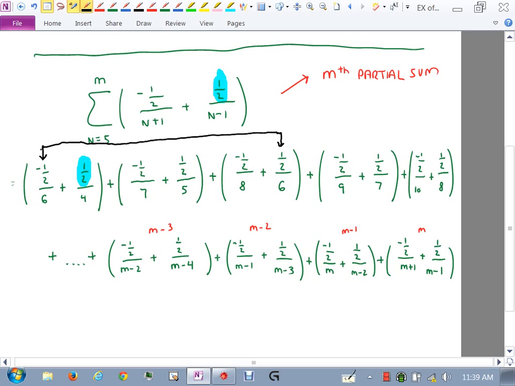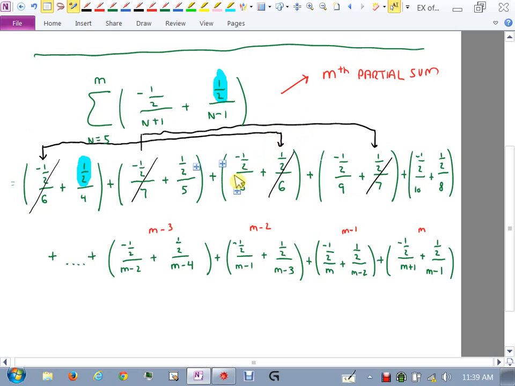Will the first guy of the second parentheses cancel with anything? Yes, it'll cancel with the second one 2 parentheses away. So this will be gone, this will be gone, this will be gone, this will be gone.